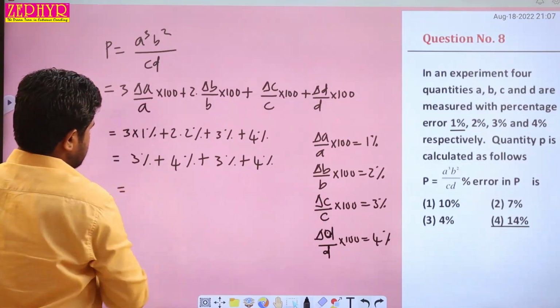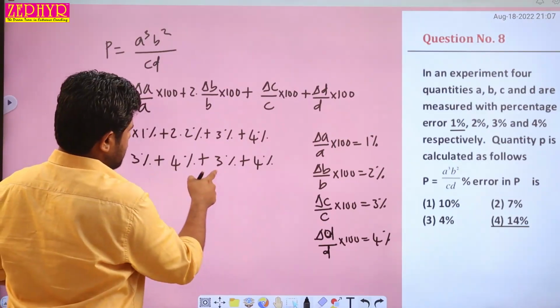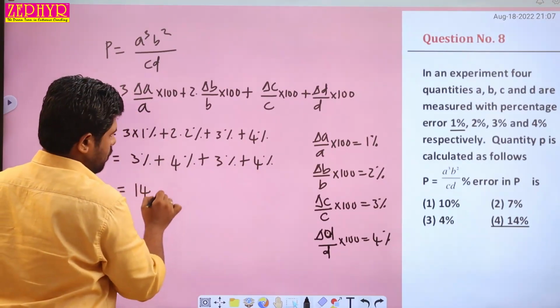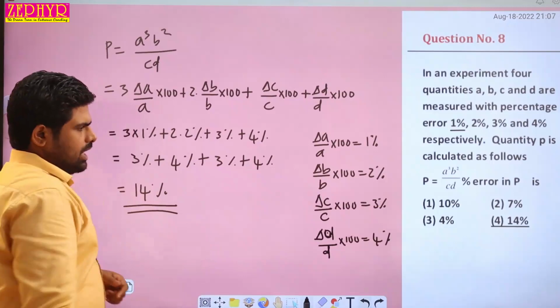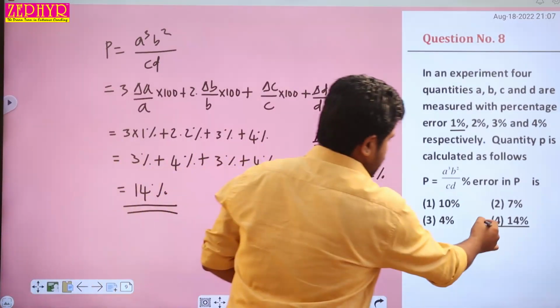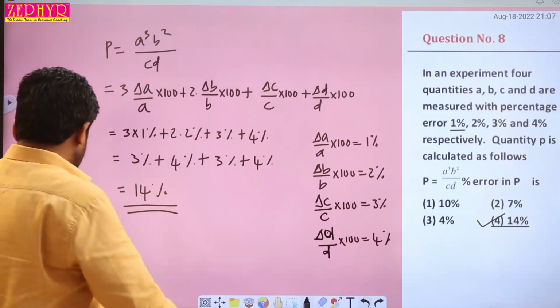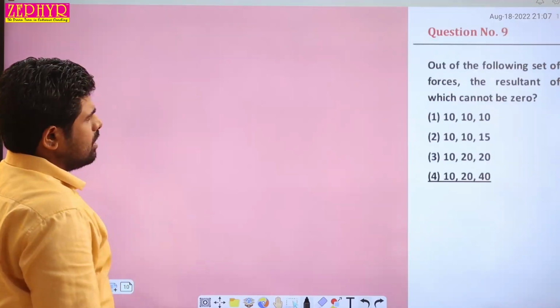Now the answer: 3 plus 4 is 7, 7 plus 3 is 10, 10 plus 4 is 14%. So the correct answer is the fourth one, 14%. Clear? Then question number 9.